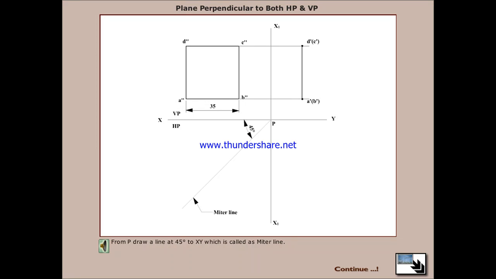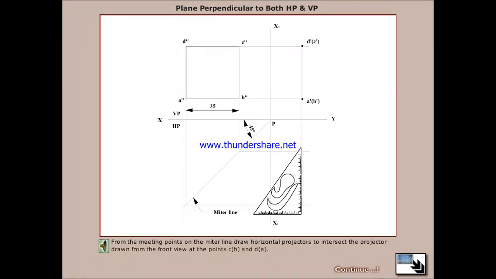Draw vertical projectors from the side view to meet it, then horizontal projectors to intersect the front view projectors.